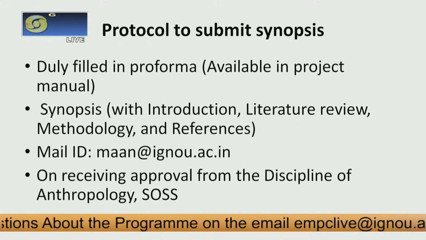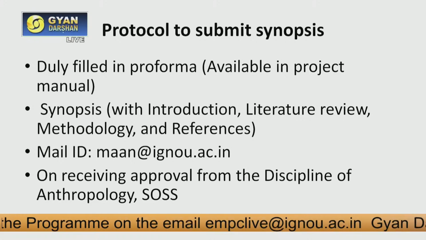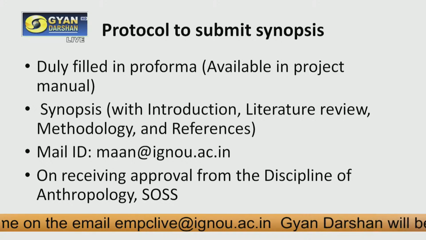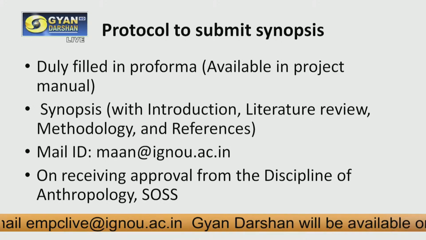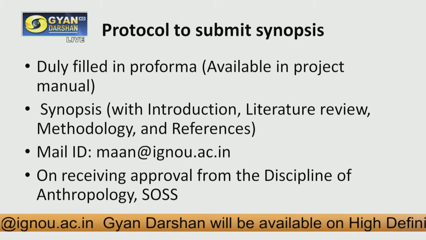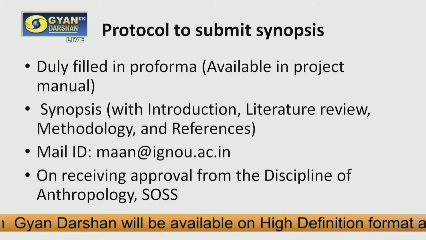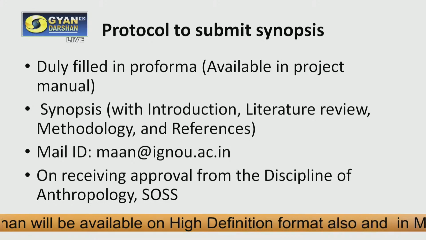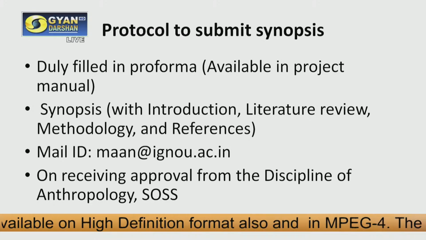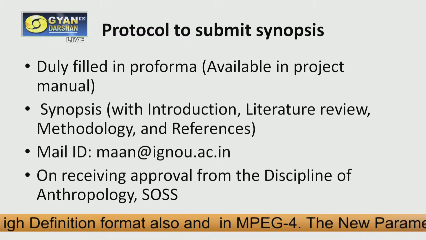So my suggestion is, when you are selecting a topic, select a simple topic so that you can do it better. Some students are selecting 1000 samples, 500 samples, 2000 samples. That is not easy. You select a topic where you can collect samples from 50 to 100 individuals. Even sometimes 30 subjects would do.